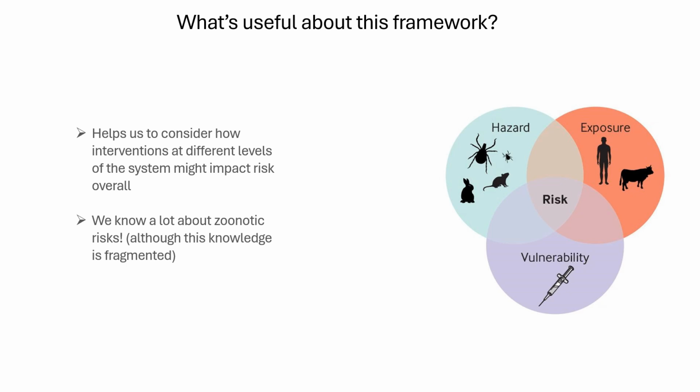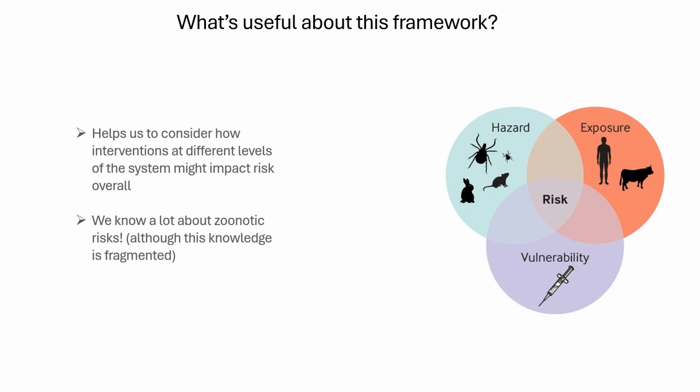So for me, this approach to thinking about zoonotic risk is helpful in no small part as a device for clearly thinking about where the different processes, social and ecological processes and their interactions, contribute to realized risks, and to thinking about where those knowledges exist within the academy, within the scientific knowledge base, and across disciplines.